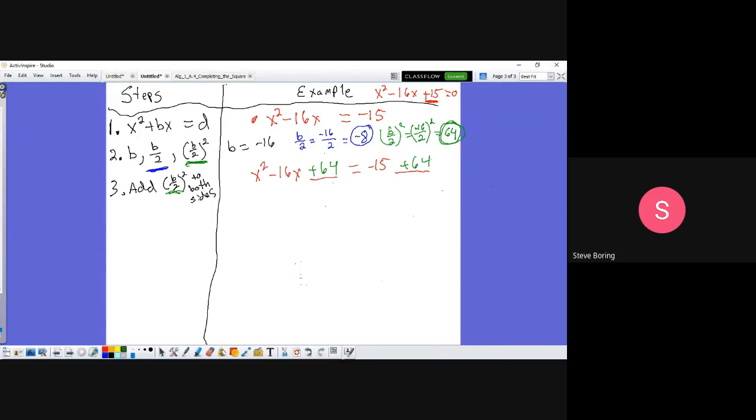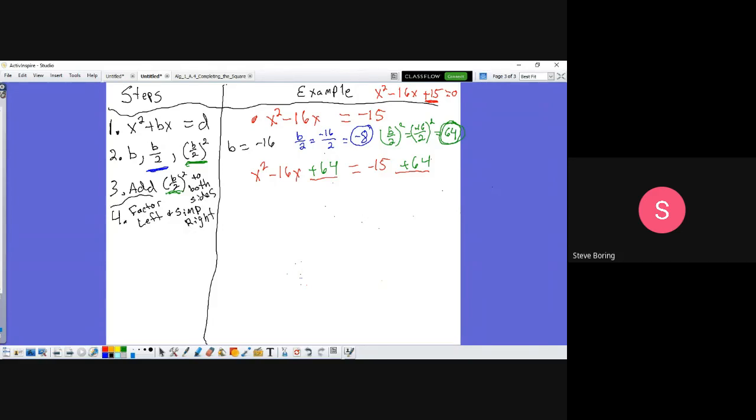Cool. Now, what step are we on? Step 4 is going to be factor the left side and simplify the right. Sorry, my handwriting's so terrible.